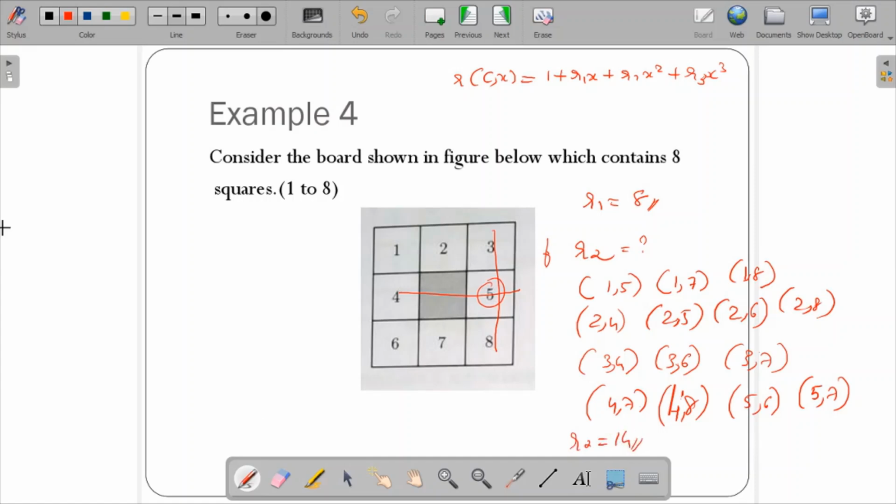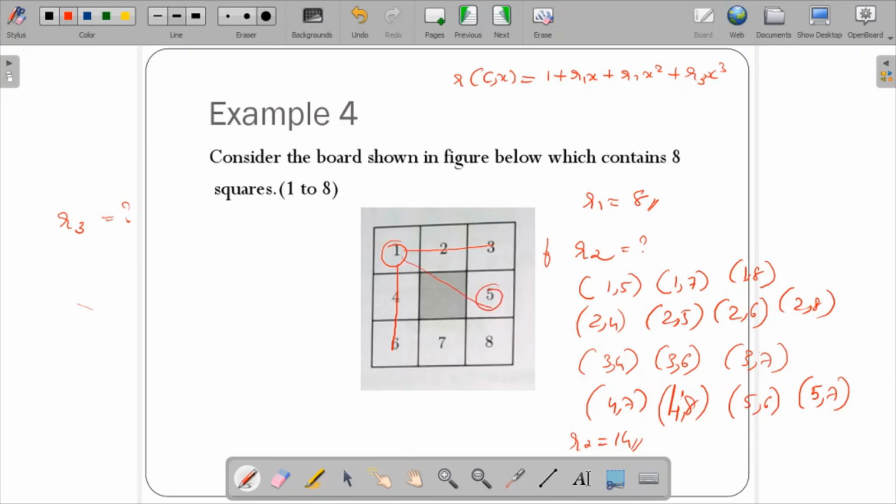Now try to find the R3. Again that is 3 non-capturing rooks, so just write down the statement I have written in the previous problem. So the pairs for R3, I told you, right, 3 combinations. If I take 1, then this and this will be excluded. The pair matching for 1 is nothing but 5.